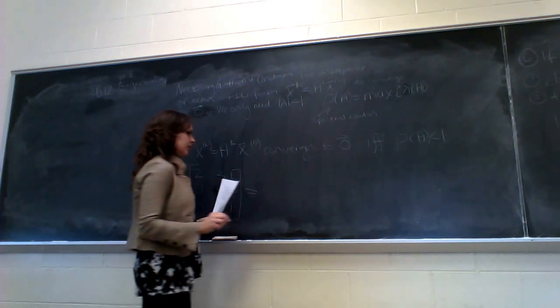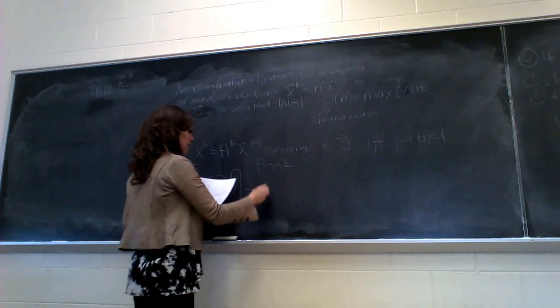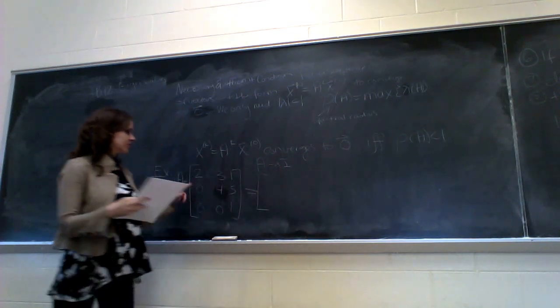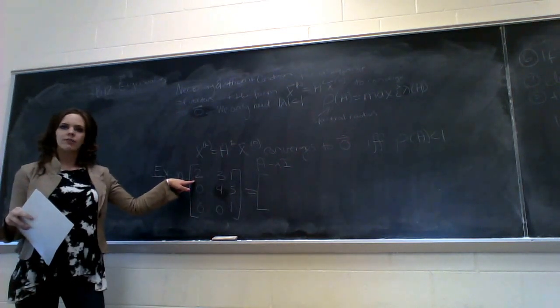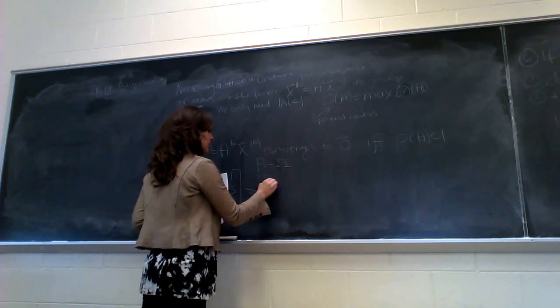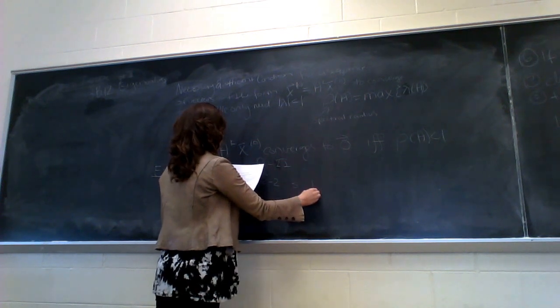But if we want to take a look at A minus lambda I, let's just pick out the first eigenvalue, 2. So it's going to be A minus 2I. So it's 2 minus 2, 3, 1.